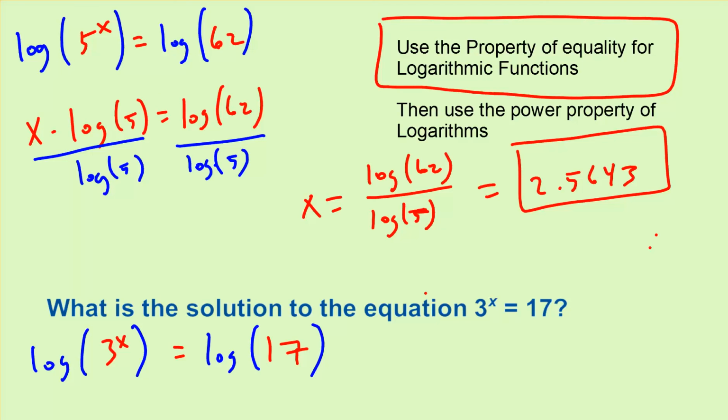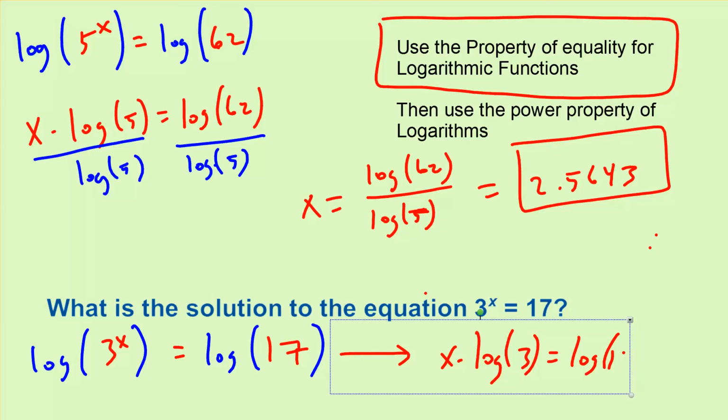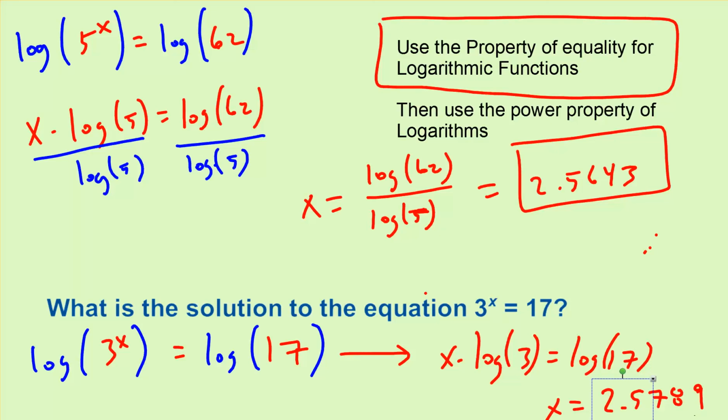Then we get x times log of 3 equals log of 17, and solving for x, you get x equals, let's see, I think I already did this one. Yes, 2.5789.